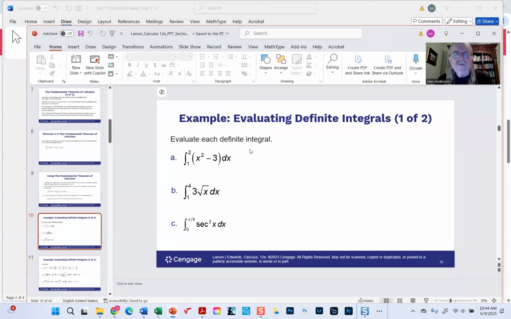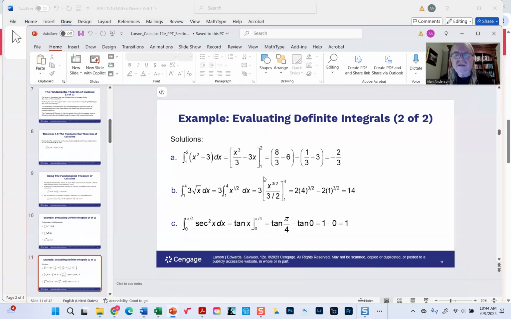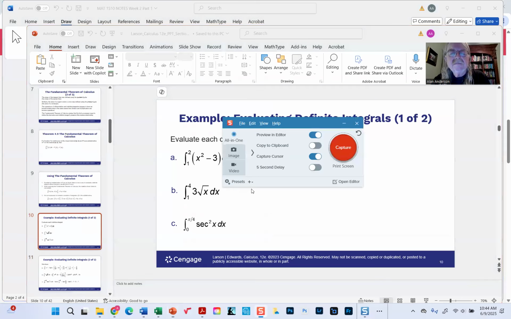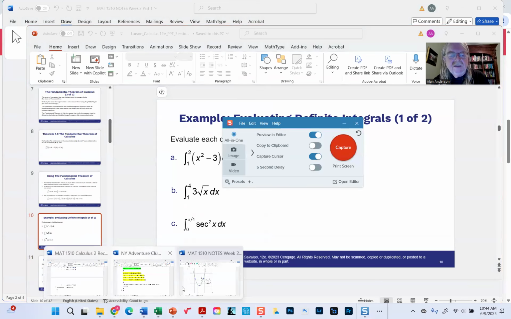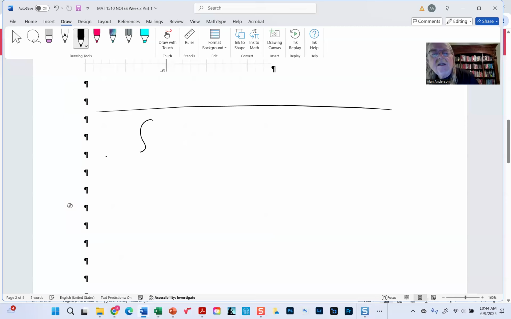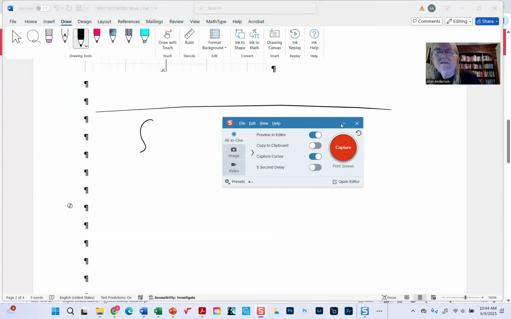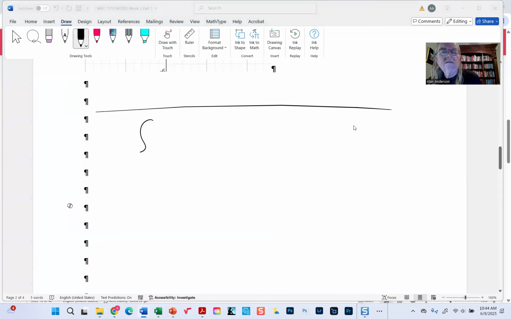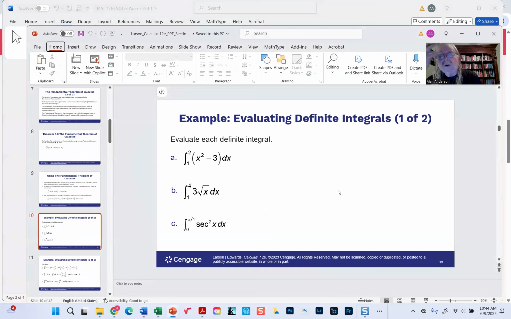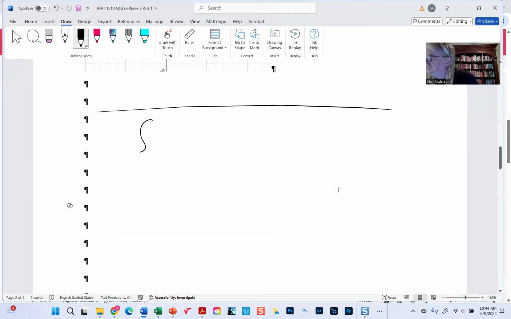All right. Oh, what about this one? So we have B. Now this one looks a little messier. It's not too bad. Let's try that one. The integral from 1 to 4 of 3 radical x.